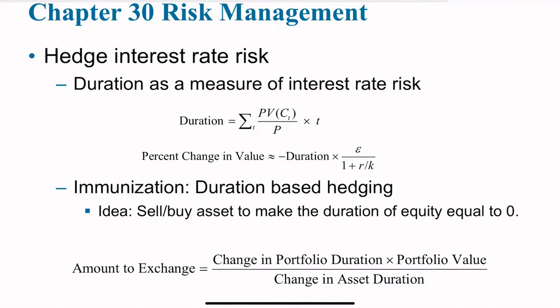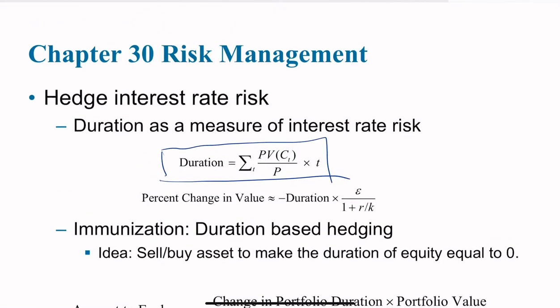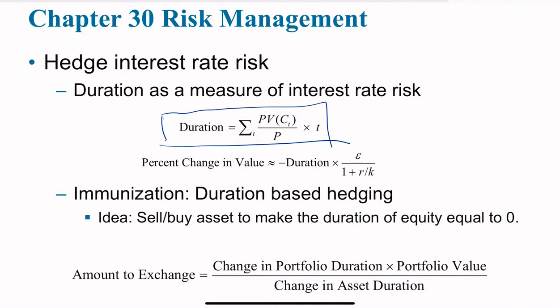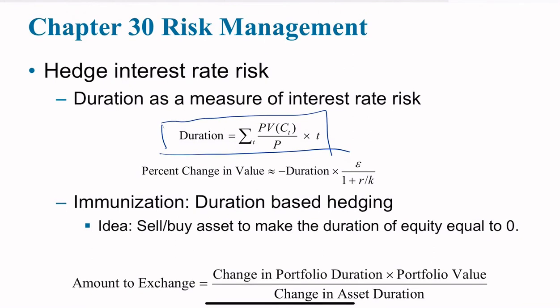In this section, it's very important for you to understand duration. First, how do you calculate duration, which is given by this formula? And then you need to understand that duration is important because it helps us to understand interest rate risk.